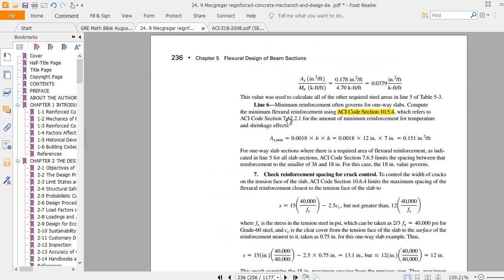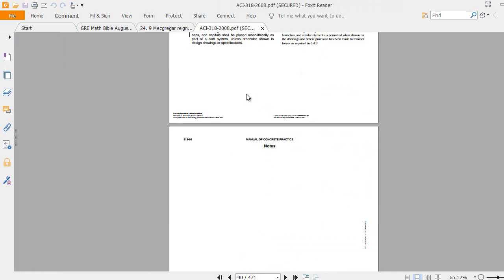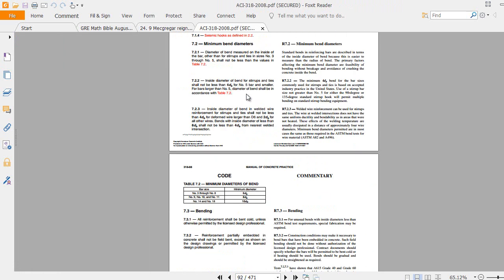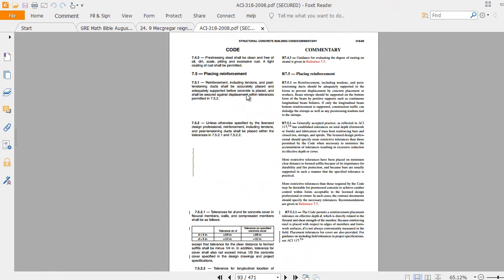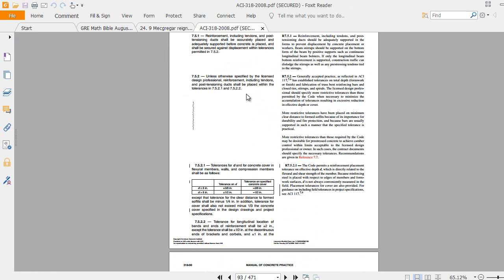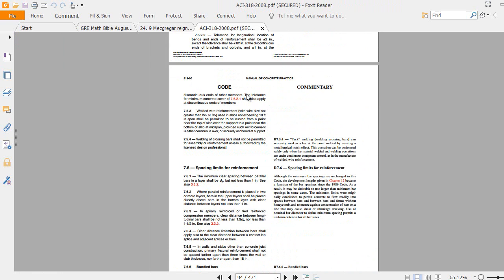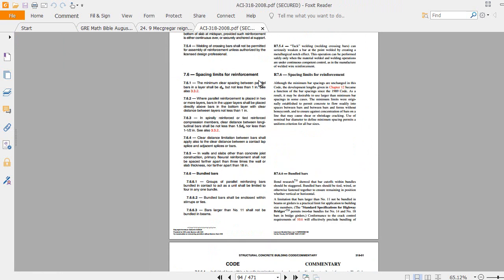If we go to ACI code section 10.5.4, which refers to section 7, let me show you this section. This is very important to understand, how they basically select these coefficients.